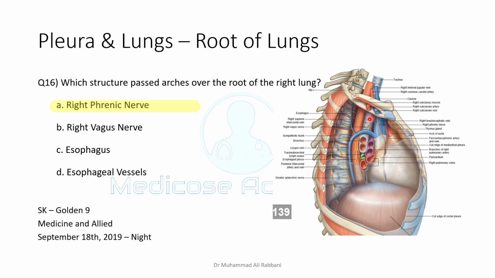But the vagus nerve does seem to have a relation to the root of the lung. I actually scanned books, even Gray's Anatomy, and it is not written in the text that the vagus nerve has a superior relation to the root of the lung, but it is written that it crosses the azygos vein as it is passing over the root of the lung.